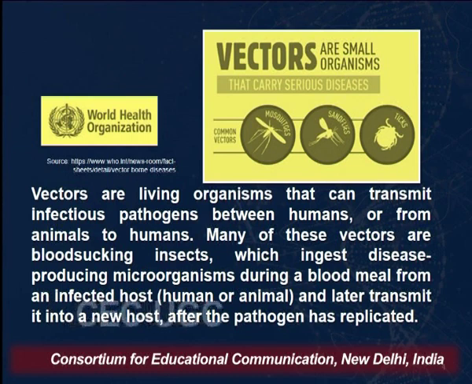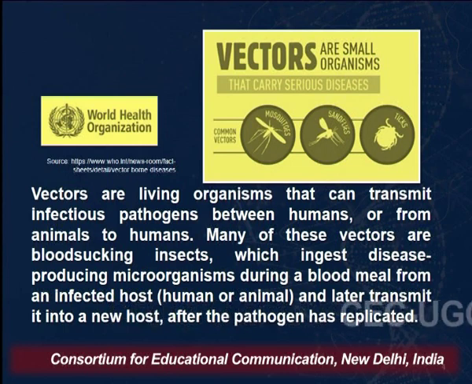What happens is they ingest the disease producing microorganism or pathogen during a blood meal from an infected host, which can be a human or an animal, and later on they transmit these pathogens into a new host after the pathogen has replicated. So, that is what the vectors constitute.